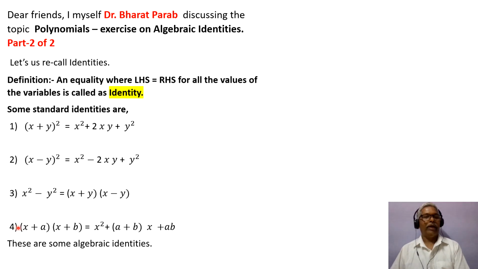And fourth one, (x plus a) multiplied by (x plus b) equals x square plus (a plus b) into x plus ab, that is a into b. So these are some algebraic identities and four more to follow.